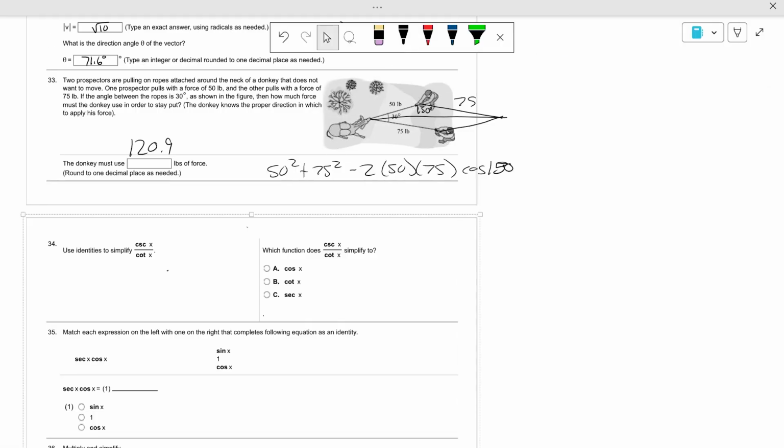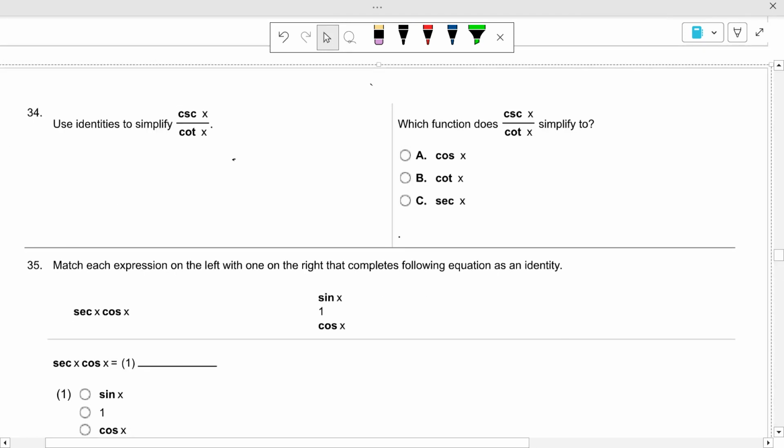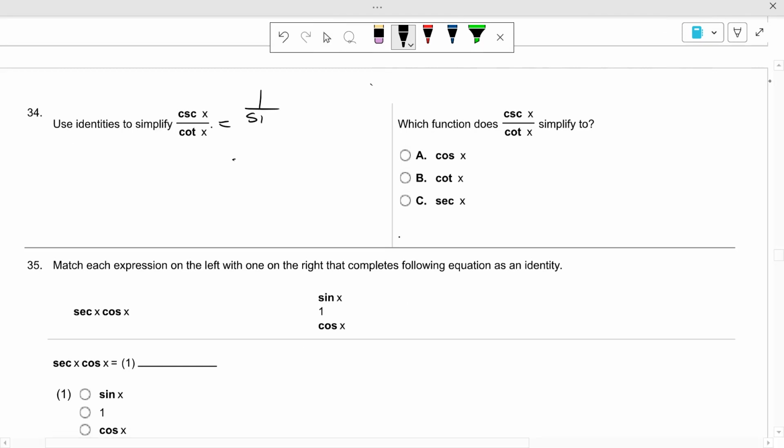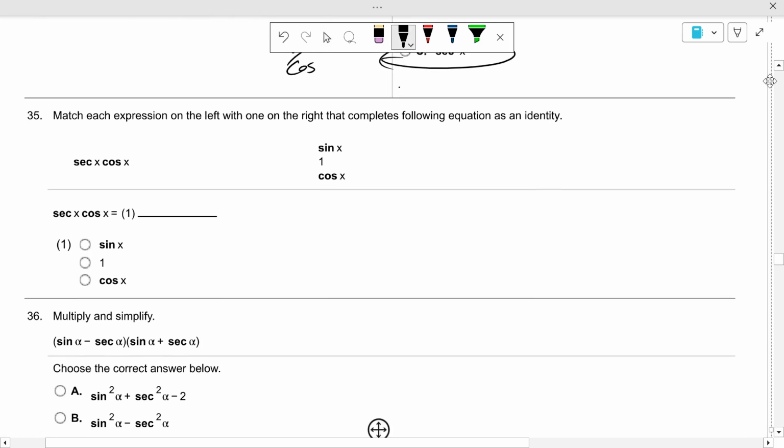All right, then the last chapter. What's cosecant over cotangent equal to? Well, cosecant is 1 over sine. Cotangent is cosine over sine. So if we multiply both the top and bottom by sine, we get 1 over cosine, and 1 over cosine is secant. Secant times cosine is 1 over cosine times cosine, which is just plain simple 1.